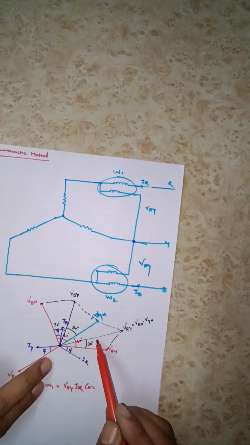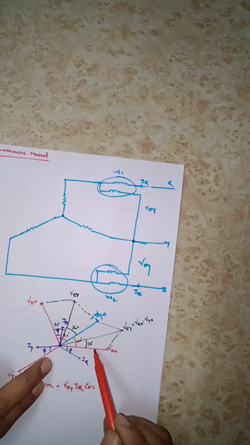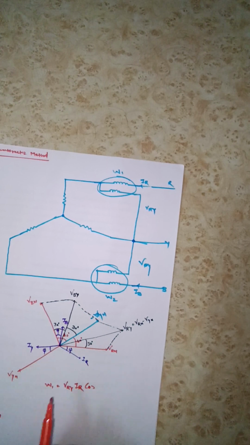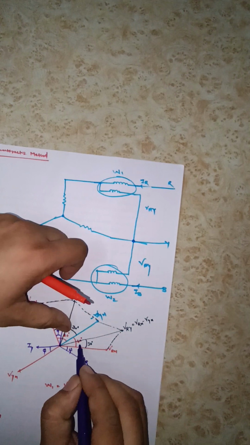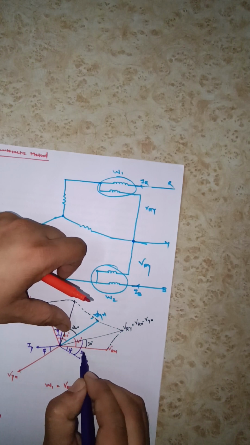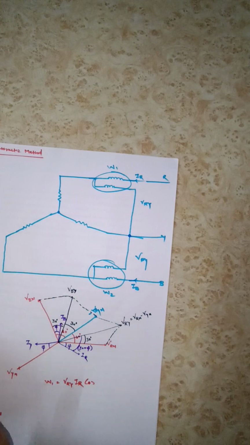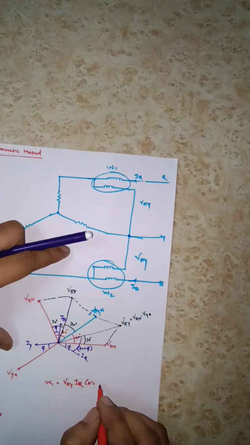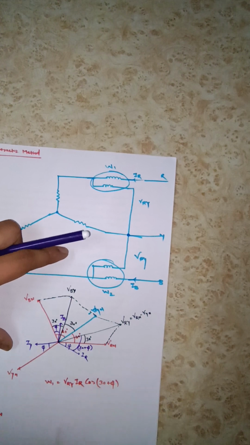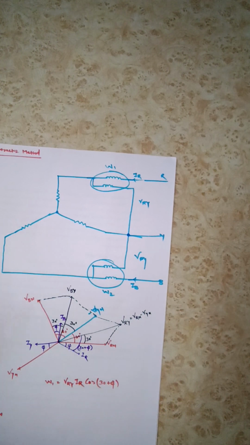Here, look, this angle from VRY to VRN is 30 degree and this angle is phi. So overall the angle between these two will be 30 degree plus phi. Is it clear? So the angle will be cos 30 plus phi. Okay, this will be your W1.